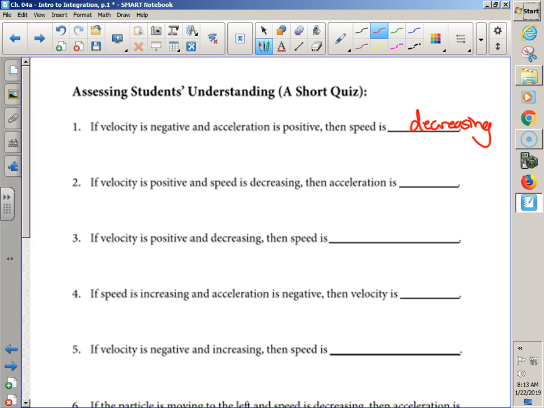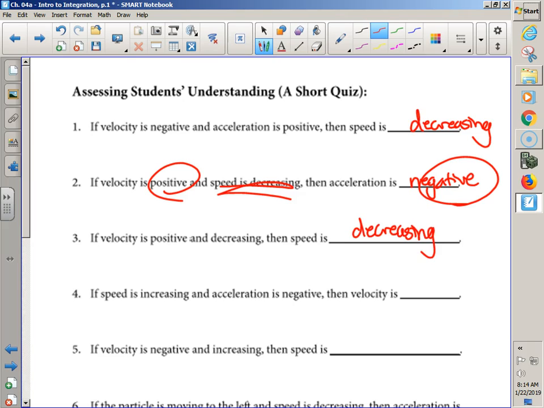If velocity is positive and speed is decreasing, then why am I going to fill in the blank with acceleration is negative? Good. If speed is decreasing, the signs have to be opposite. Good. If velocity is positive and decreasing, then speed is decreasing. Specifically, why?